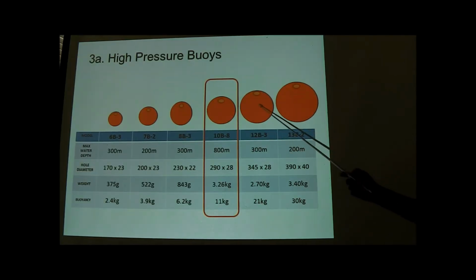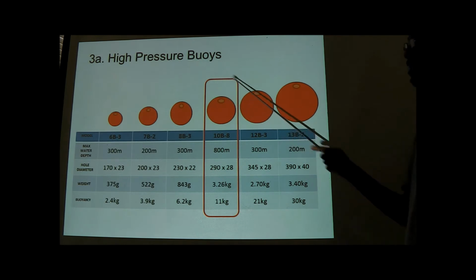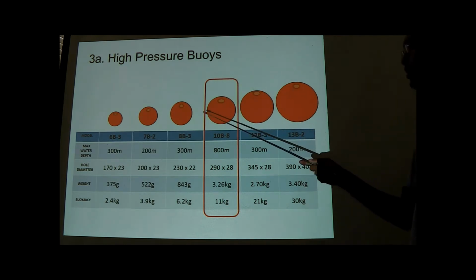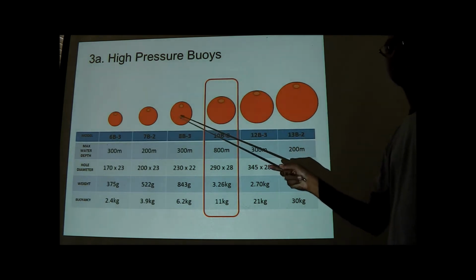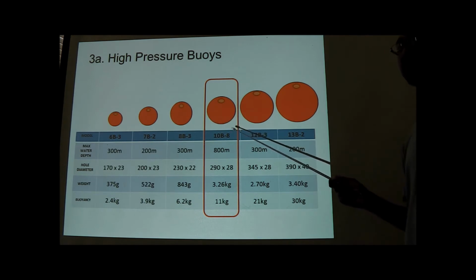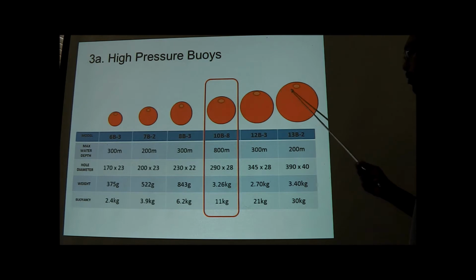Here you can see an example of high pressure buoys which were recently used under the FAD pilot project, under the regional master plan project between JICA and CRFM, which was experimented in Dominica and St. Lucia in an effort to modify the existing FAD to make it more cost-effective and durable.